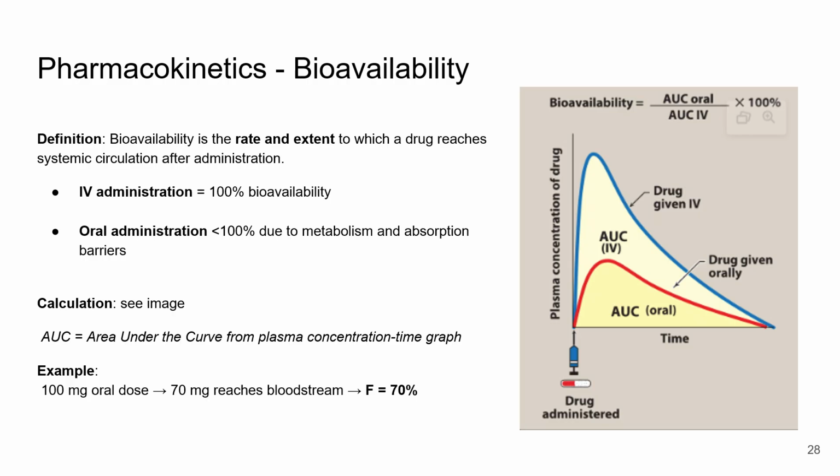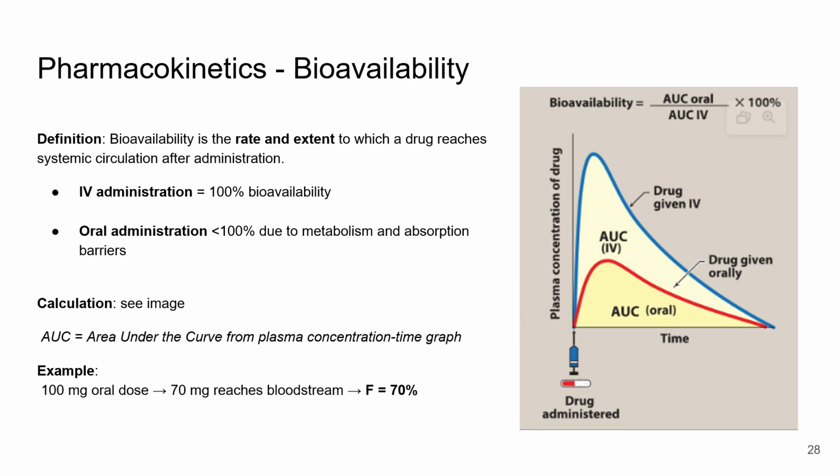And then bioavailability is often calculated using area under the curve, so looking at the image on the right, or AUC, from what we could call this plasma concentration time graph. You don't need to necessarily calculate this, but just understand that the AUC reflects the overall drug exposure.